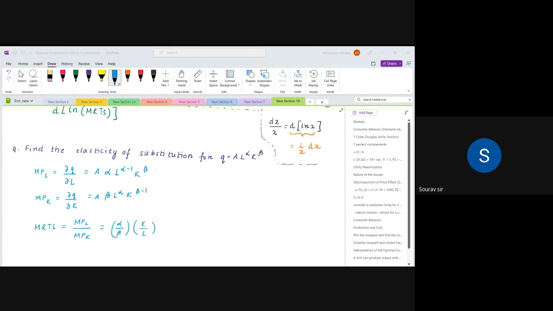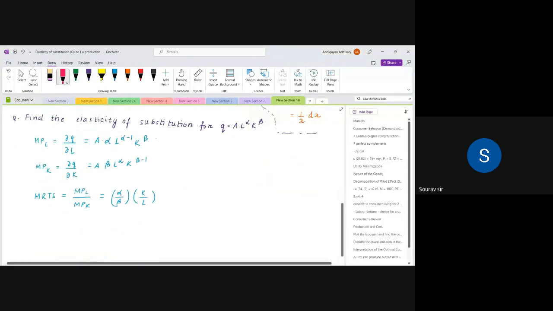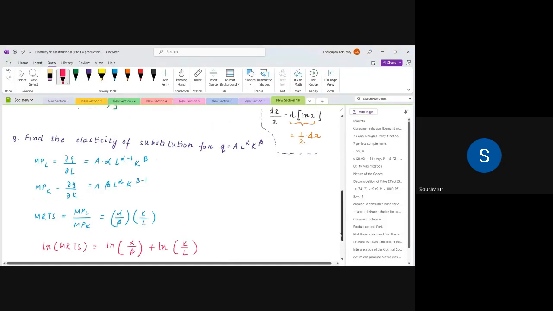We have already seen these when we were doing the isoquant diagram, so we are not going in depth in the calculation. Now, in the denominator we need log of MRTS, and then we take the derivative. So log of MRTS will be log of alpha by beta plus log of K by L, correct?